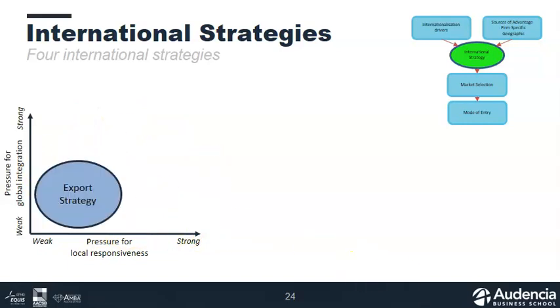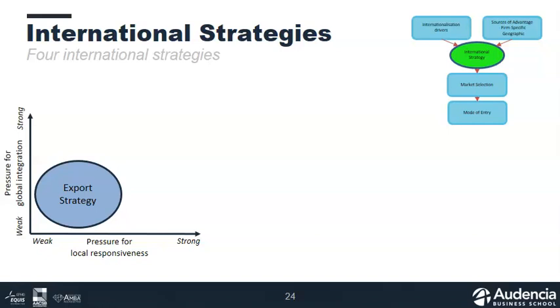So the first is going to be the export strategy. This is where the pressure for local responsiveness is very weak. I can export my product to any country and it's accepted, for example, and there's no need for me to establish production or distribution in the country. I produce everything locally, and I just export it, and I don't need to be globally integrated to do this.